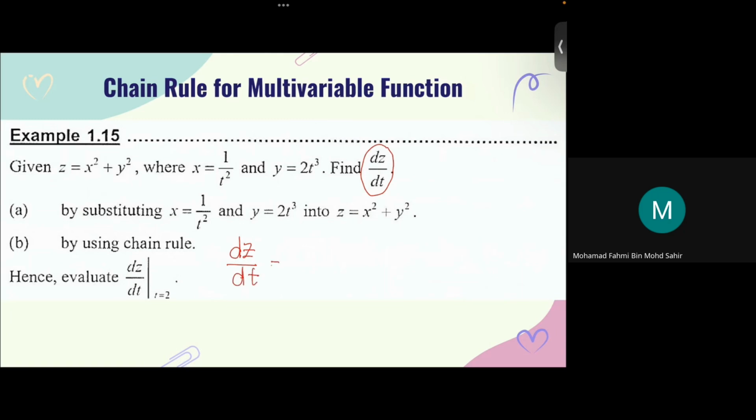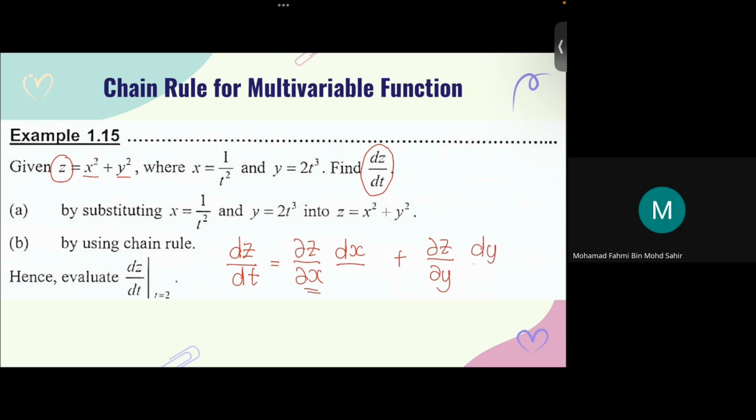Check your z equation. How many variables is that? You have two variables, meaning that you need to perform del z del x for the x variable, and another section is del z del y. Then I will put a dx here in order to match, and here I will put dy.